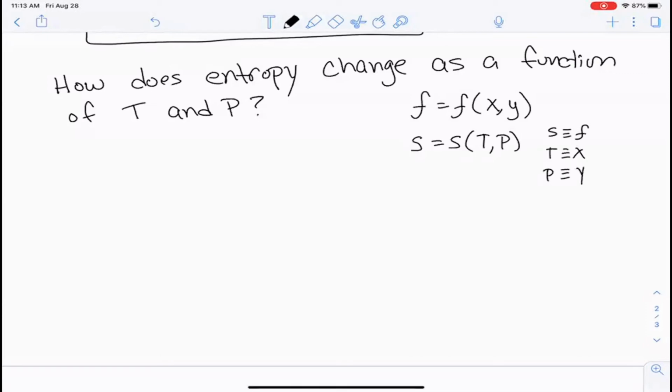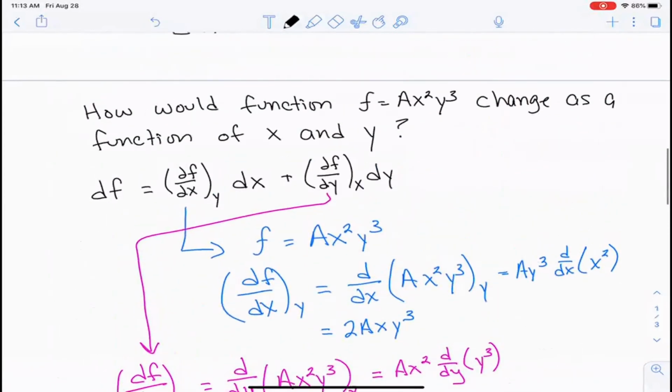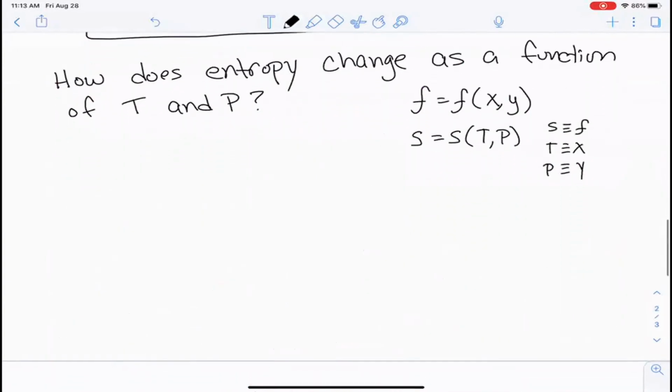So if we apply that same math, remember we got to this place where df was equal to df/dx at constant y, dx plus df/dy at constant x, dy. So we're going to do the same thing here.